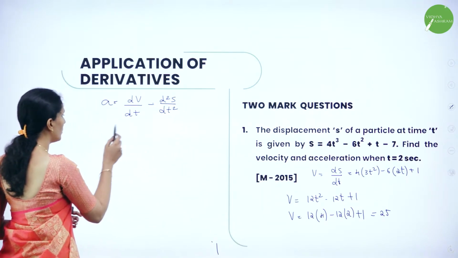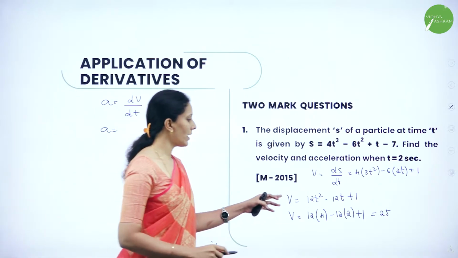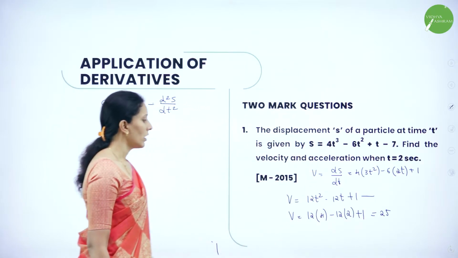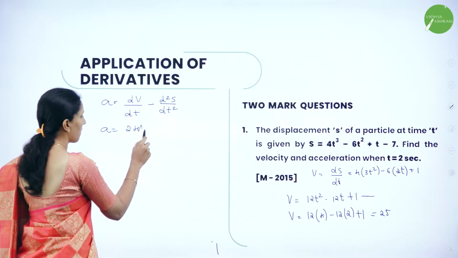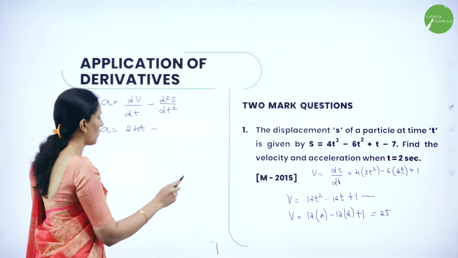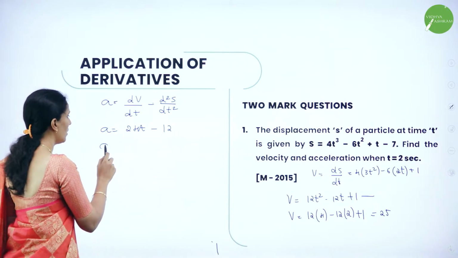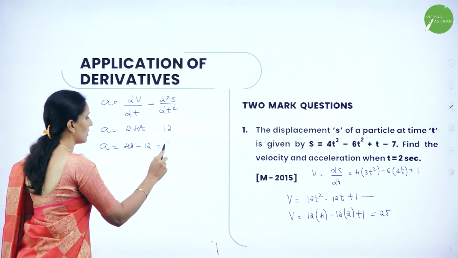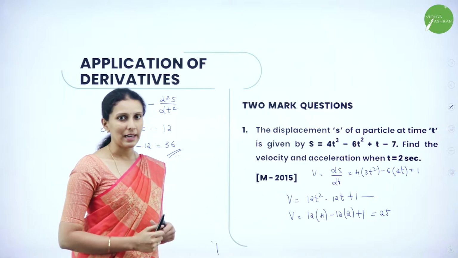So however you derive it, you will get the acceleration as dv by dt. So if you derive it, you will get 12 2s are 24t minus 12. Now at time t is equal to 2 seconds, we have 48 minus 12, that is equal to 36. So this is the acceleration.